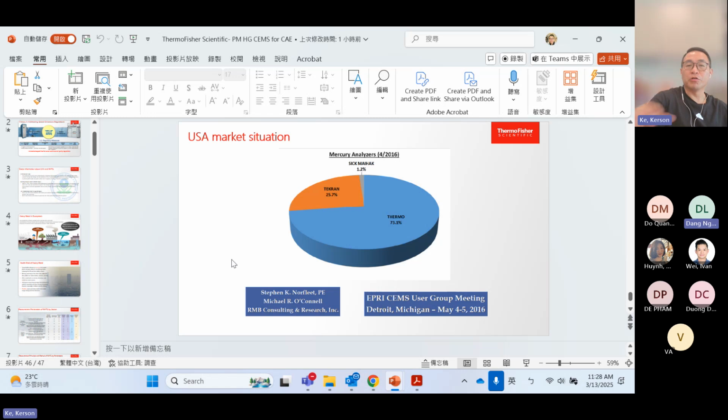Like in Taiwan, we do see cement, steel, or thermal power plants already installing mercury and PM CEMS. So I think that could be the next target where we can pursue opportunities. Okay.